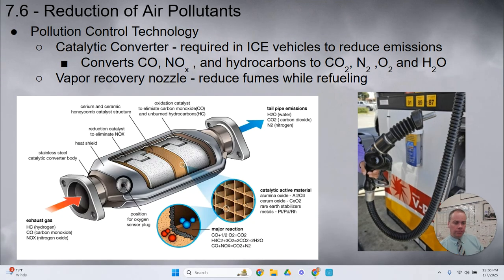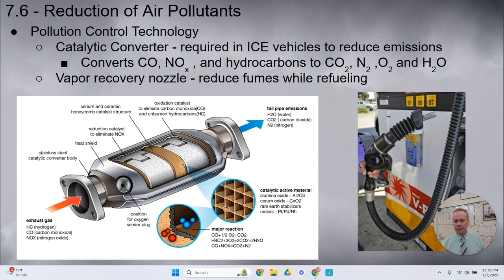There are also pieces of technology which can reduce many of these air pollutants. And one you might be familiar with is catalytic converters. Catalytic converters are by law on all motor vehicles sold today. That wasn't always the case. A catalytic converter is basically a piece of equipment in the exhaust system of a car, in internal combustion engine vehicles.